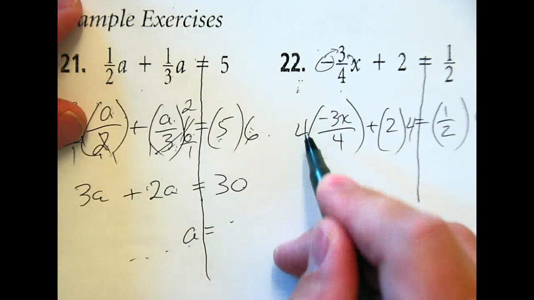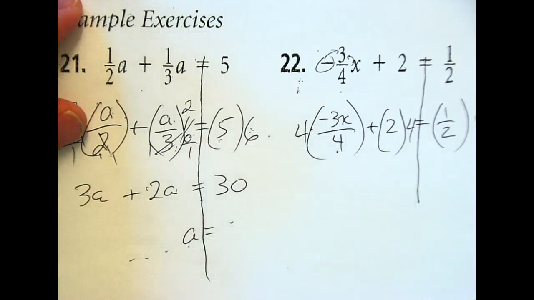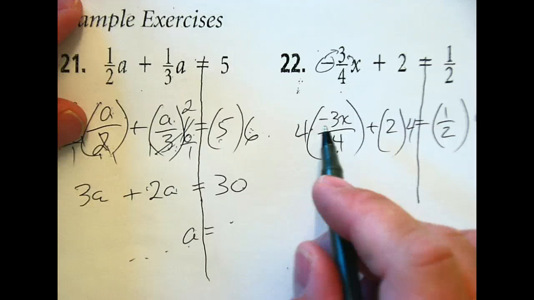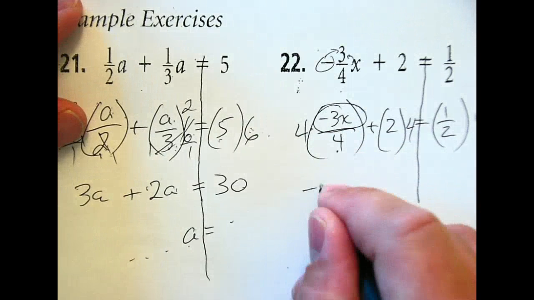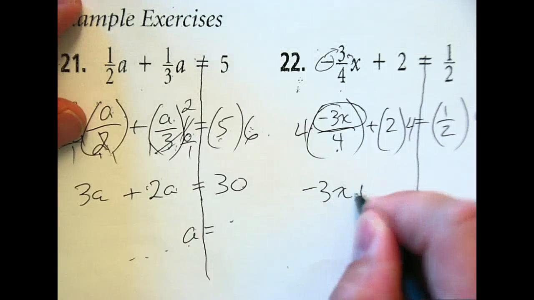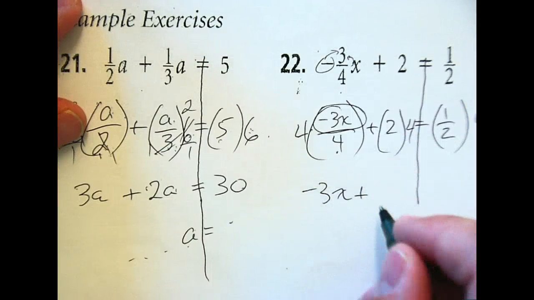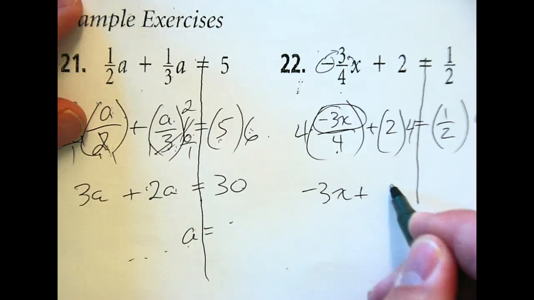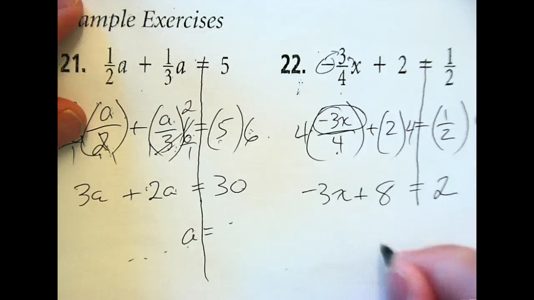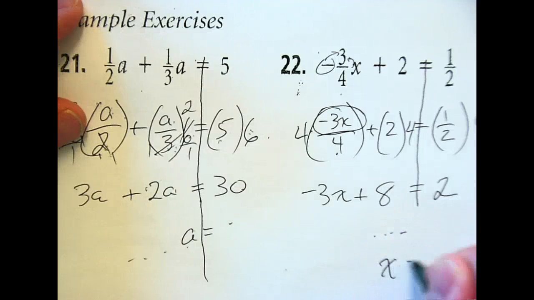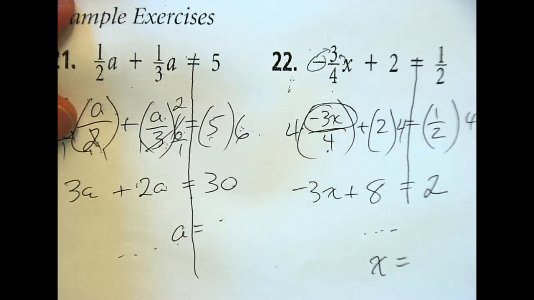Well, when I multiply by 4 and then divide by 4, what am I left with? Negative 3x. What am I left with here? Everyone? 8. And what's half of 4? 2. And then from there you solve. X equals, voila.